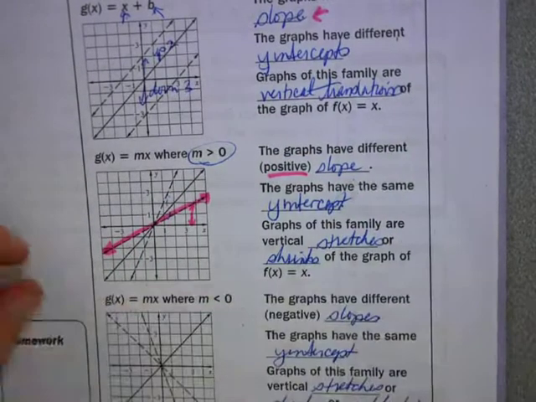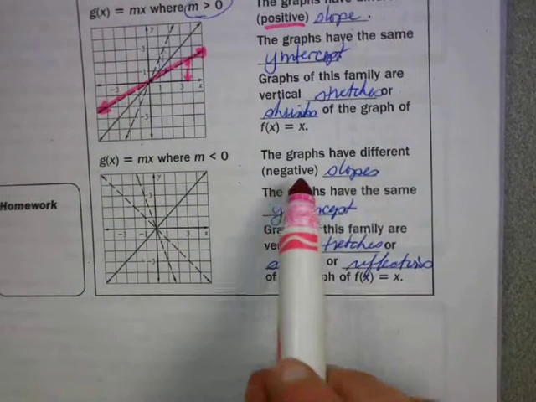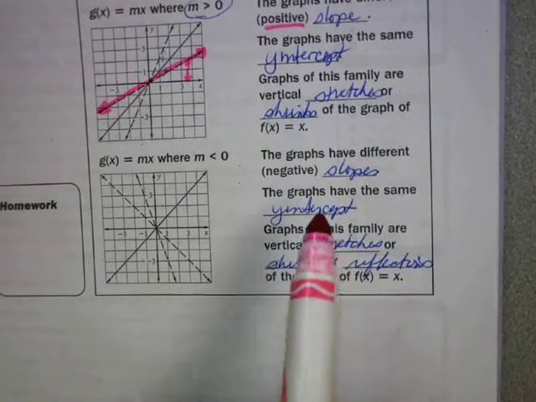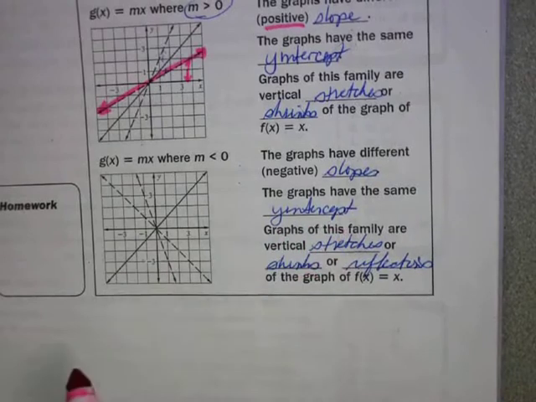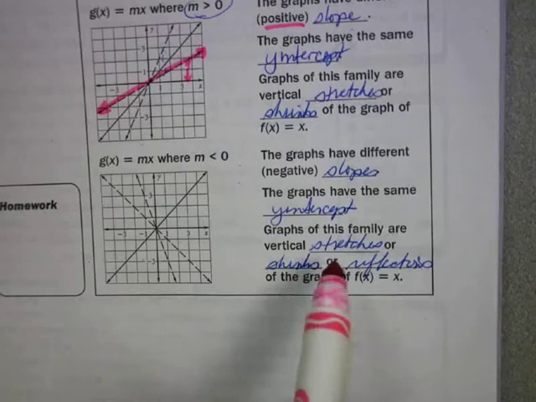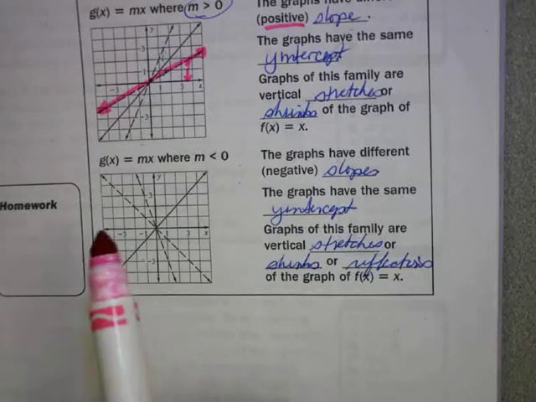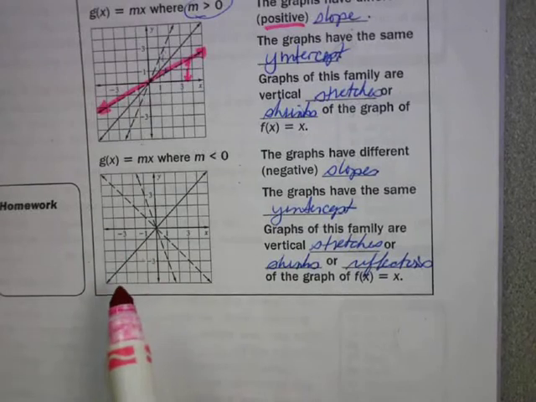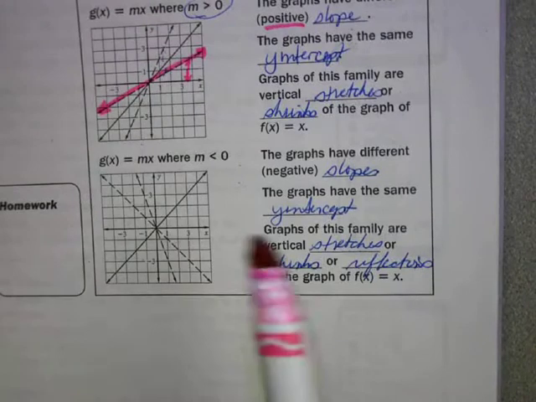The last part down here, when m is less than 0, you know that it has a negative slope. And the graphs all have the same y-intercept at the origin, and the graphs of this family are also stretches or shrinks. They could also be reflections. So think about what a reflection means. If you're looking in the mirror, they have reflected.